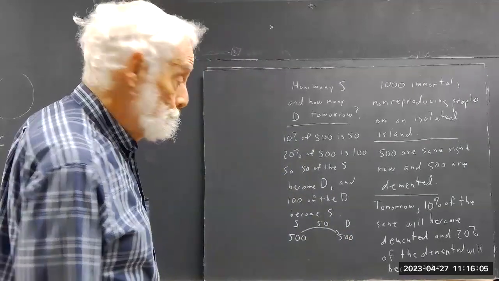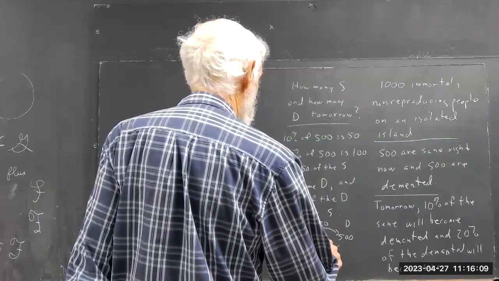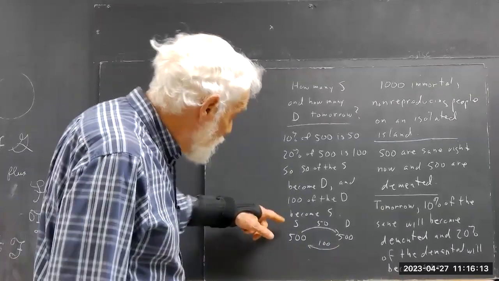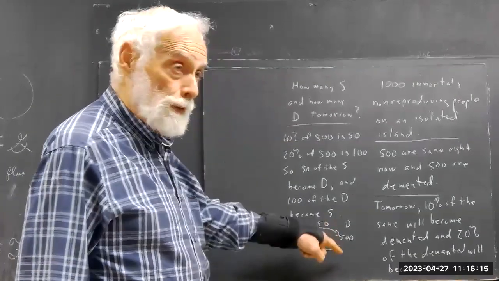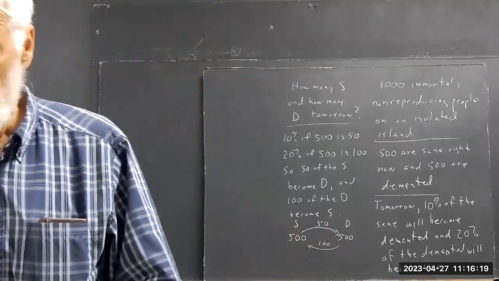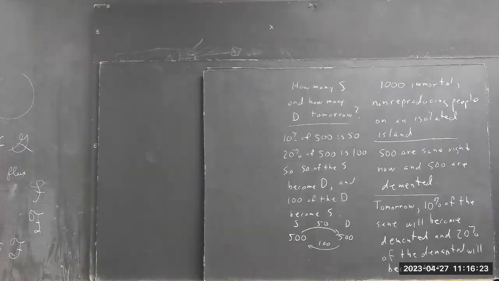Right? And 100 of these people are gonna come back over here. So the sane will lose 50, but they're gonna gain 100. Start with 500. You lose 50, you gain 100. How many are you going to end up with?